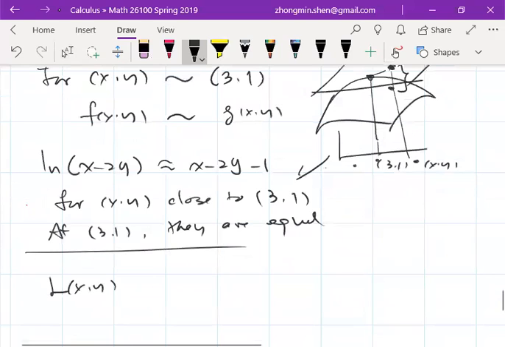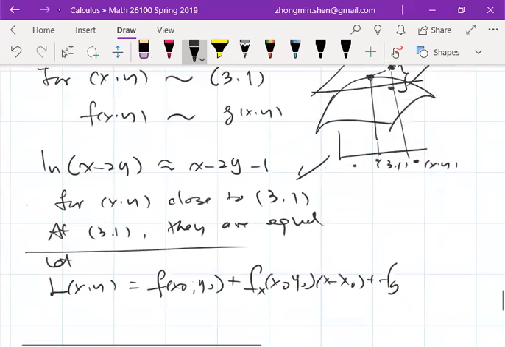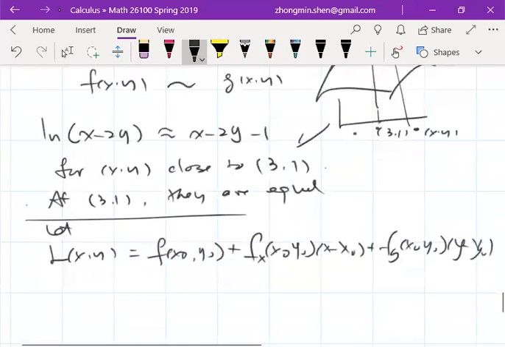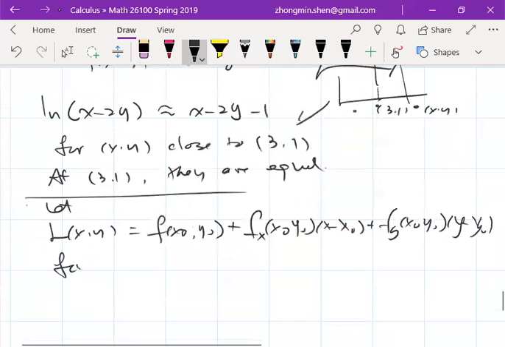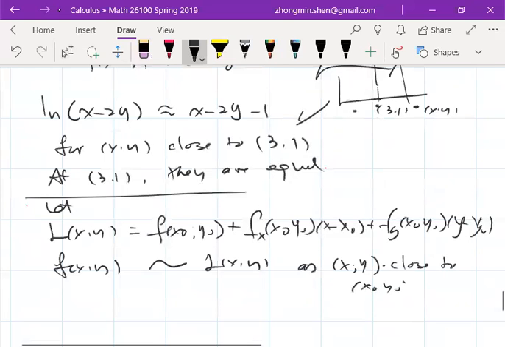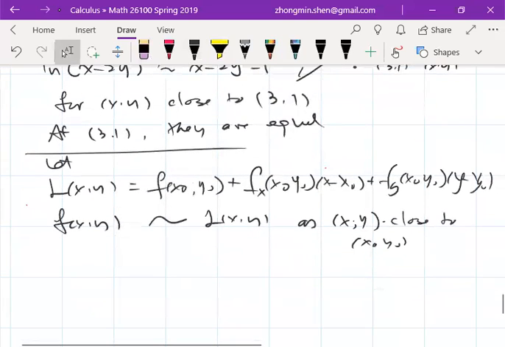So let L of x, y be this, and we will see that f of x, y is close to L of x, y. I should use L here. As x, y is close to x naught, y naught, this L of x, y is going to be called a linear approximation of the function.